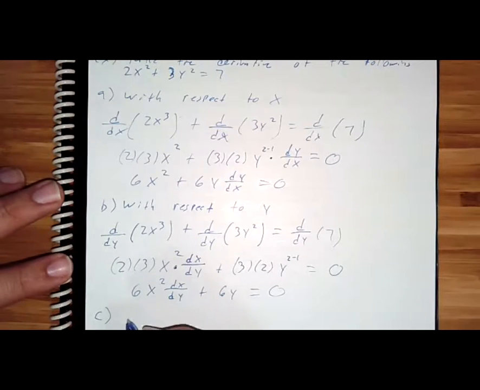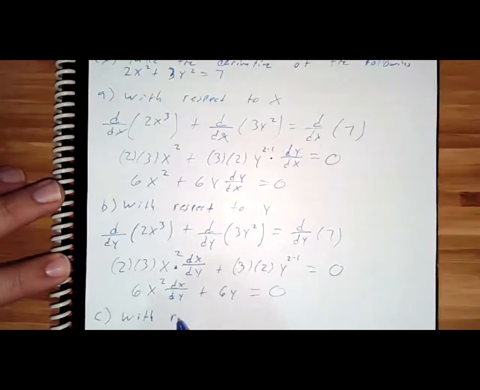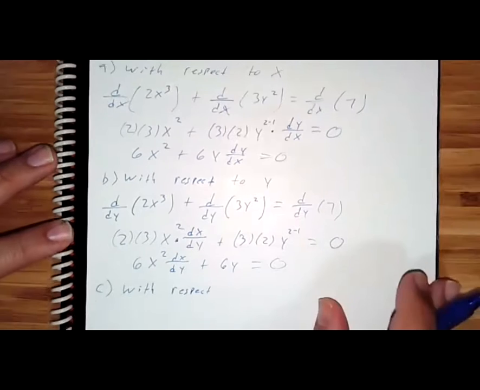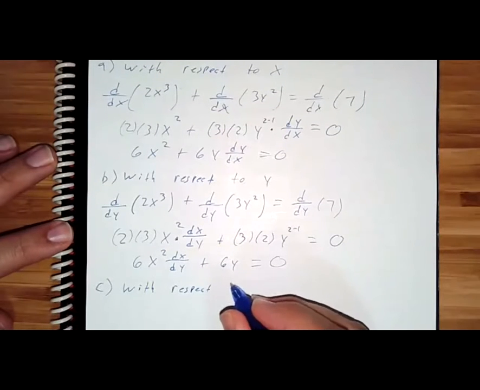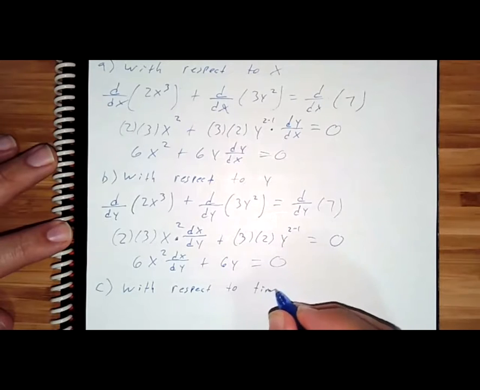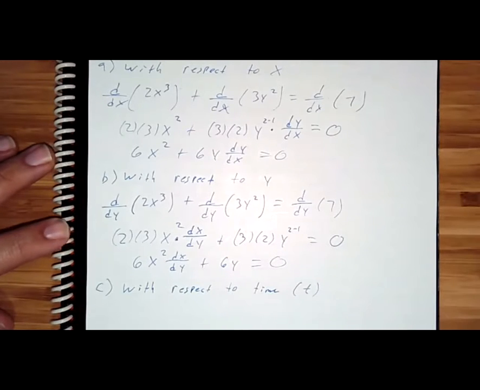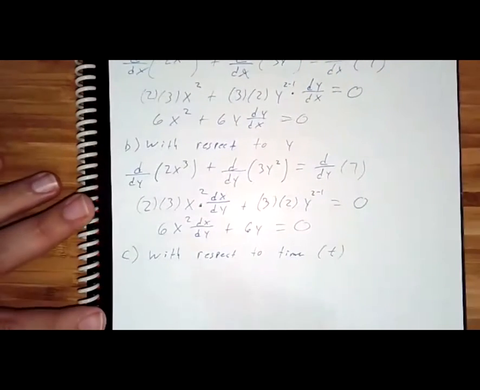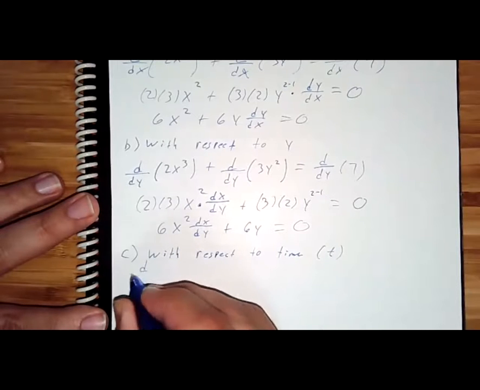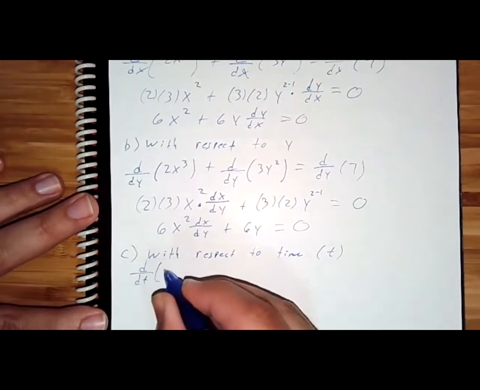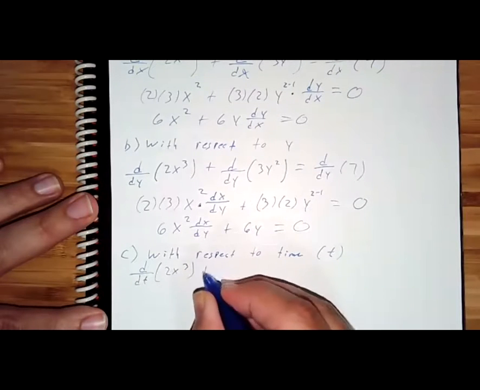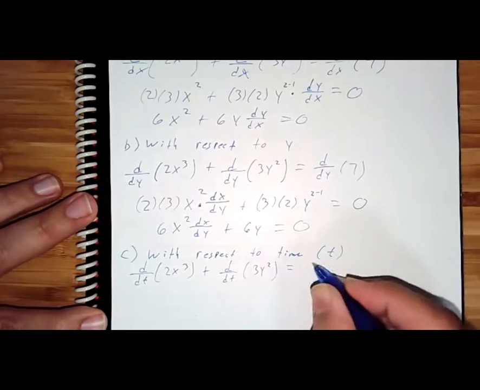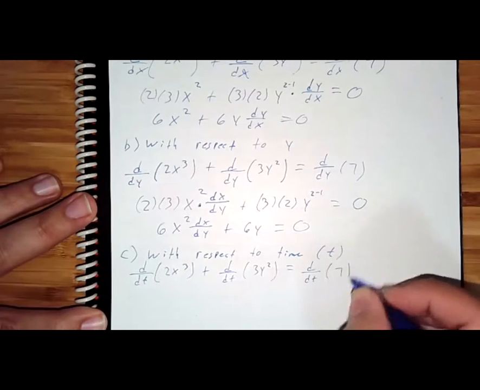All right, so now what we're going to be doing today is this. With respect to something else entirely that's not on here. With respect to, let's say, time, which we'll call t. So we're taking the derivative with respect to time. So we'd be doing d dt, right? d dt of 2x cubed plus d dt of 3y squared equal to d dt of 7.